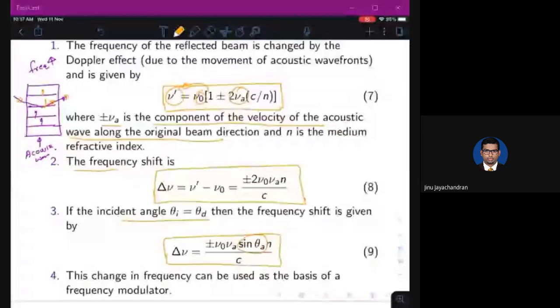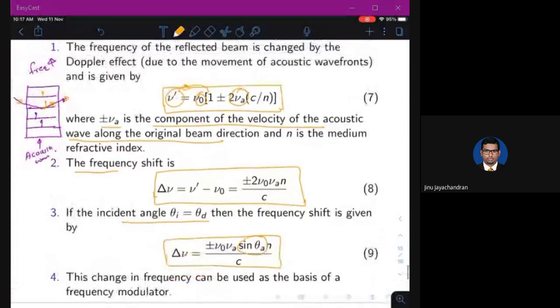Basically, by changing the frequency of the acoustic wave, you can change the frequency of the incident wave, which is some kind of modulation. This means this change in frequency can be used as the basis of a frequency modulator.